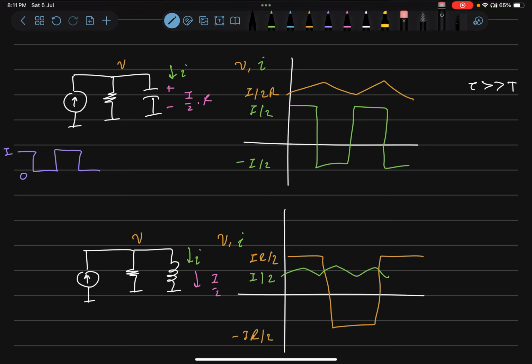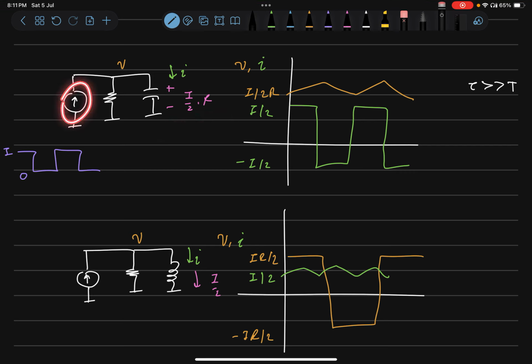Now, the voltage at this node is the voltage across the cap, and the voltage across the cap will ripple around its average value in the steady state. So this will not change in steady state; it will ripple around this value, IR by 2.